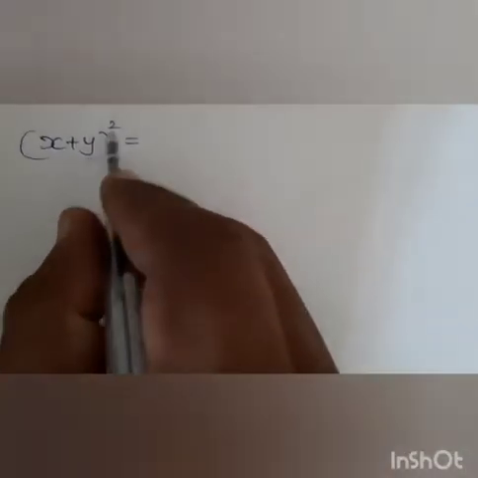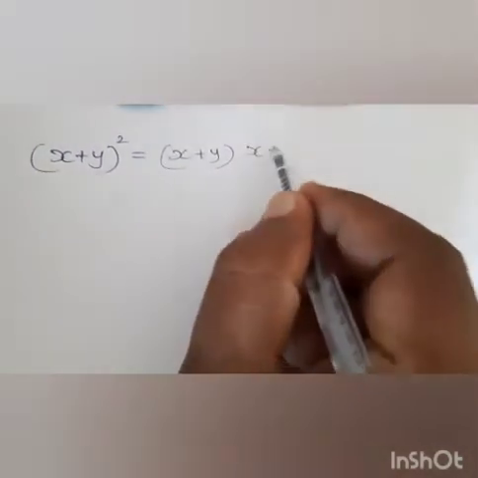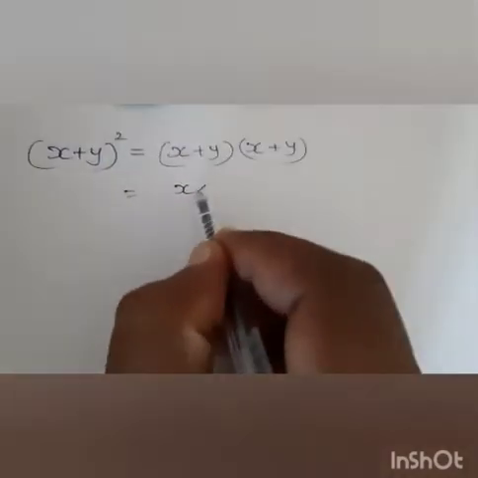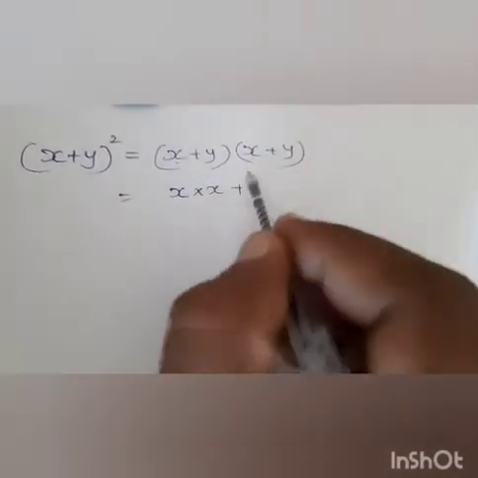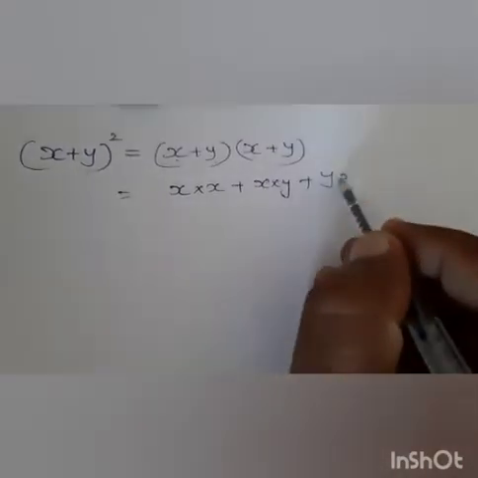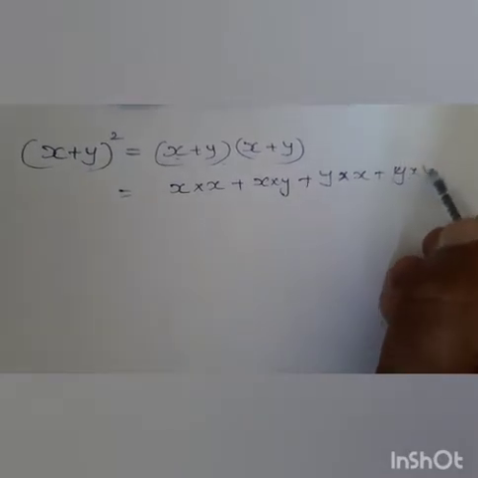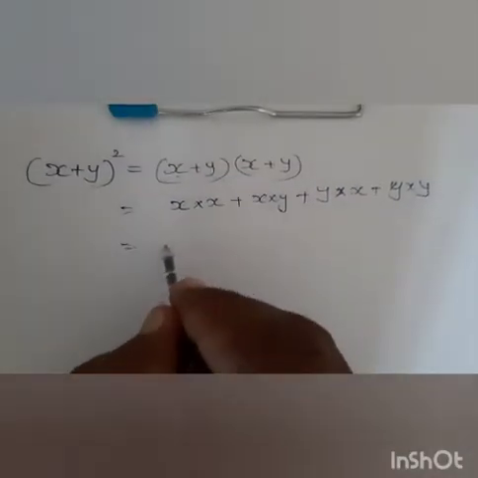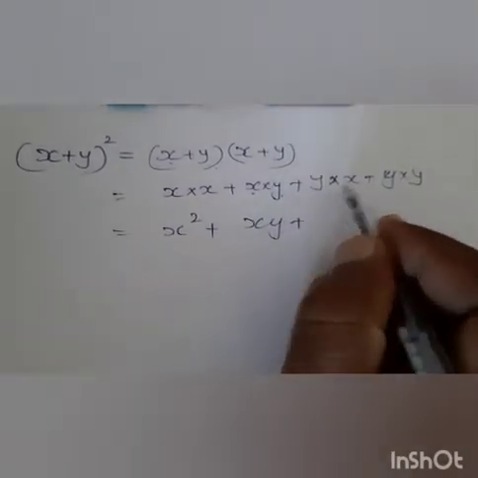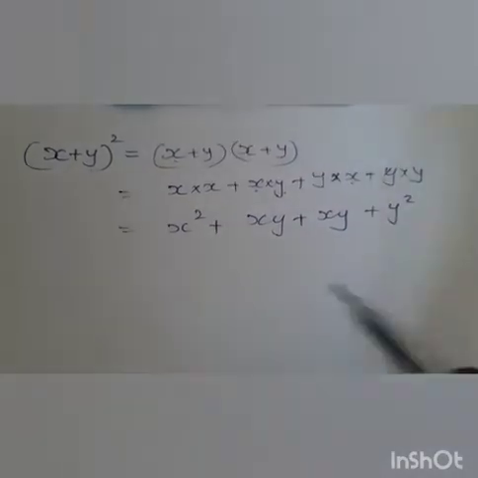Next one, (x plus y) whole square. You can write this as (x plus y) into (x plus y). Then x into x plus x into y plus y into x plus y into y. So you can write x square plus xy plus y into x is xy itself plus y square.